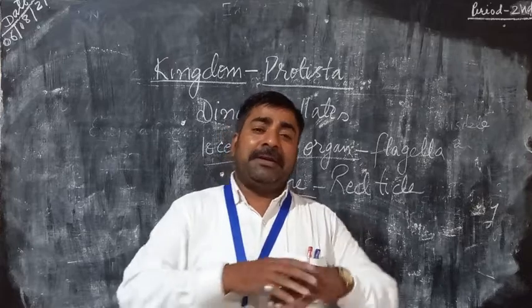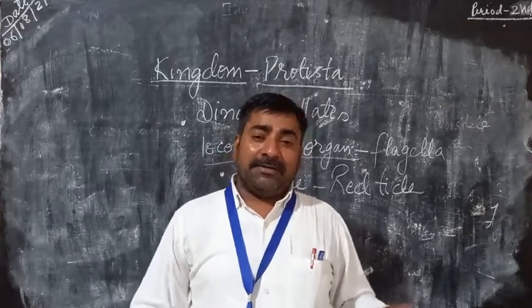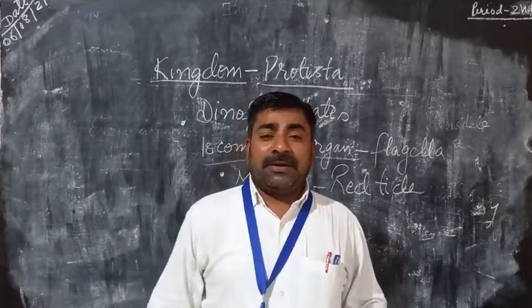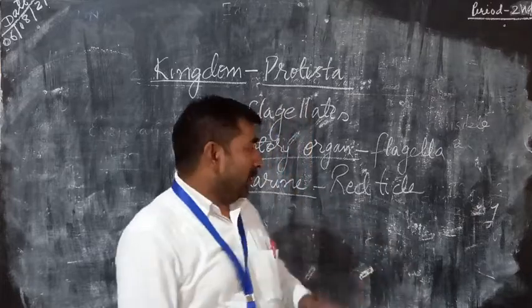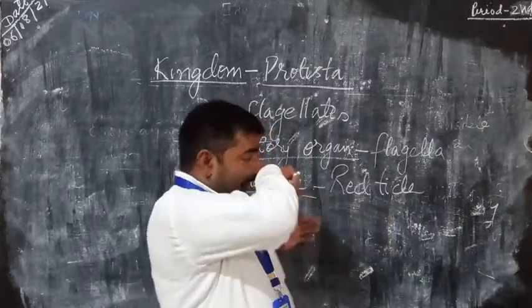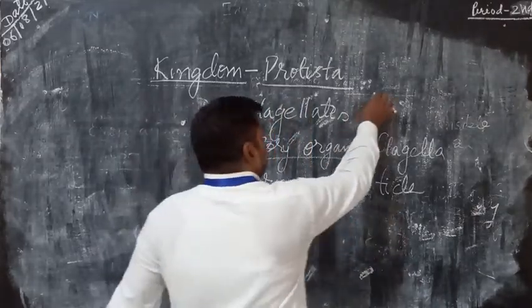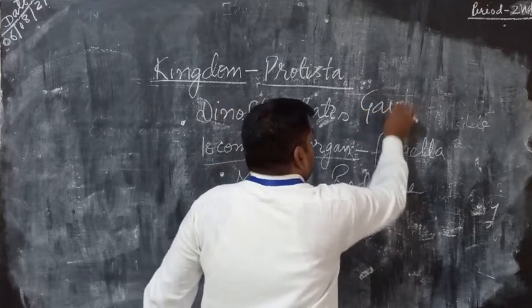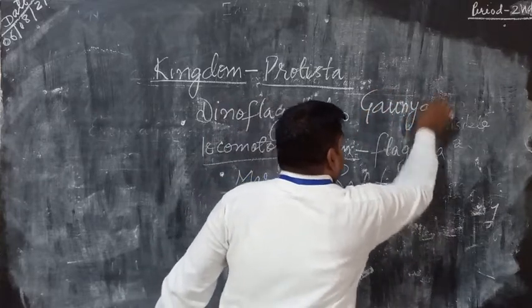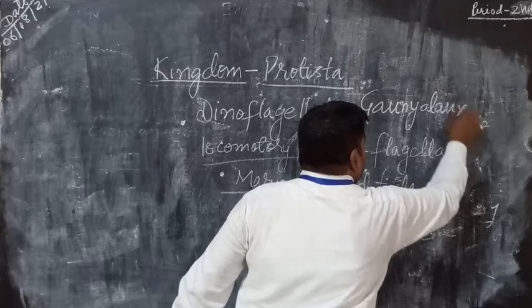They multiply very rapidly, and the color of the water becomes red, which is known as red tide. A common example is Gonyaulax.